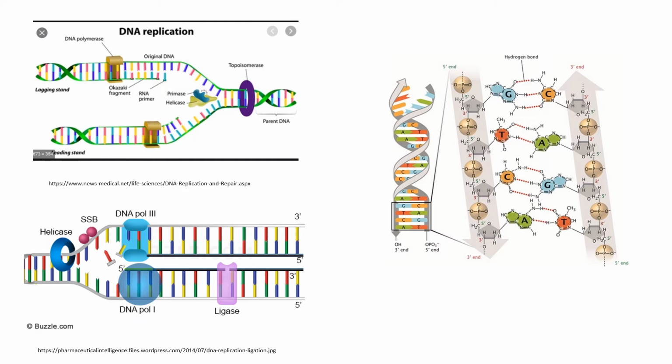But the idea is that the double helix unwinds into two separate strands. And because each base has a specific complement, G can only bind with C, T can only bind with A, then each of those single strands starts to collect new DNA bases to complement the strand that already exists.